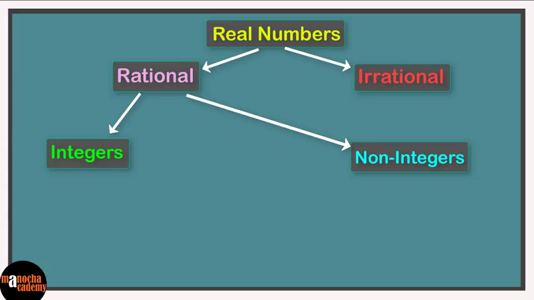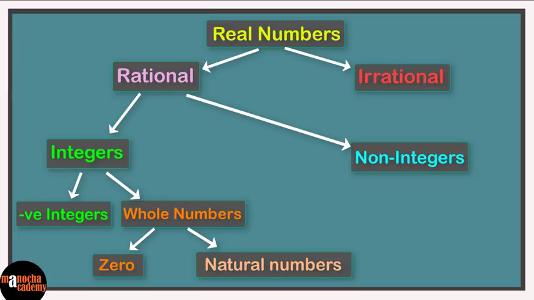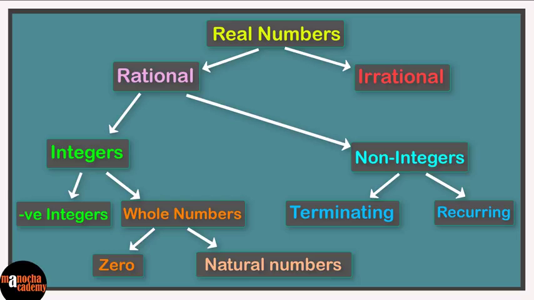Now, integers can be divided into negative integers and whole numbers. Whole numbers can be split into 0 and positive integers, which are natural numbers. Coming back to the non-integers, fractions and decimals. These can be divided into terminating decimals and non-terminating or recurring decimals.